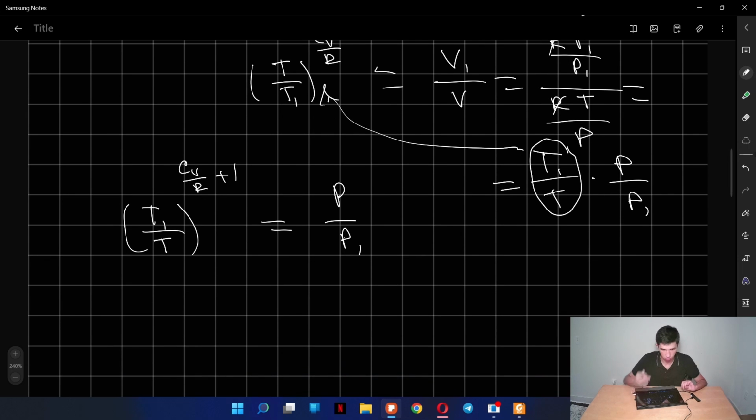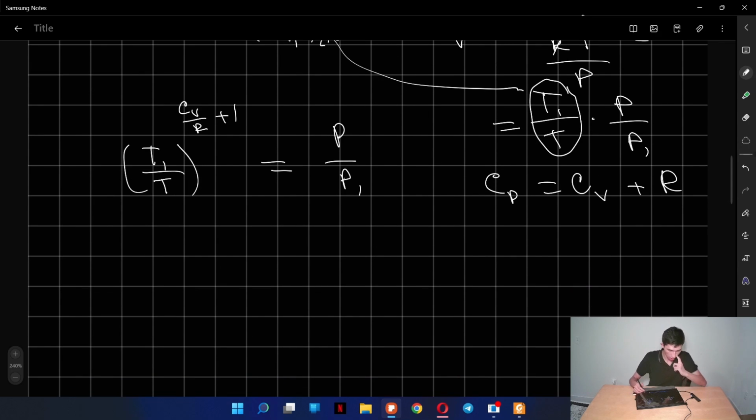Okay, so the next thing we're going to do here is, we know that the specific heat at a constant pressure, Cp, is going to be equal to the specific heat at a constant volume plus R, which is the ideal gas constant.